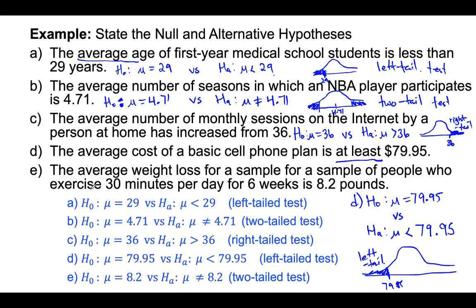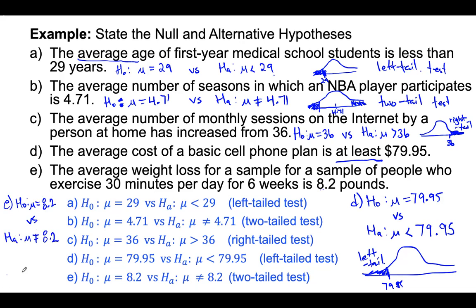And then the last one is the average weight loss for a sample of people who exercise 30 minutes per day for 6 weeks is 8.2 pounds. So let's say for E, the null here is 8.2 versus the alternative that it's different, so it's not 8.2.